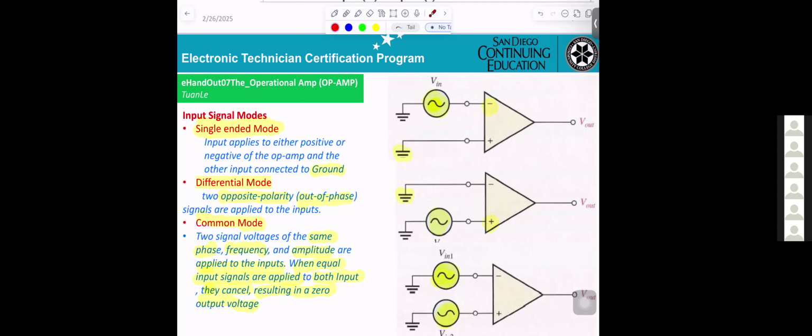That will be telling you one thing: when both inputs get an identical signal, that is considered to be noise. That means noise is the unwanted signal, the signal you don't want, and the op amp is able to cancel it out. Okay.